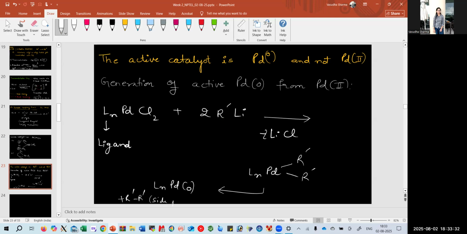This is your side product, and this one is your active species.